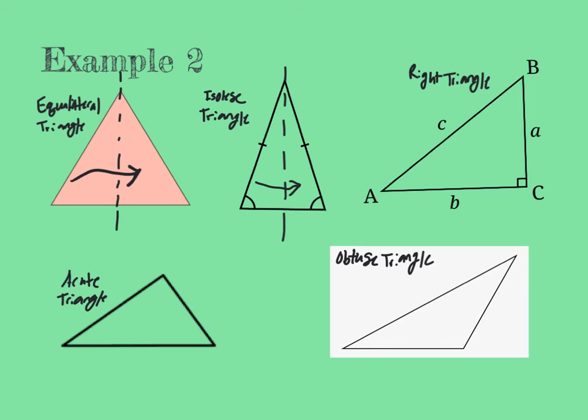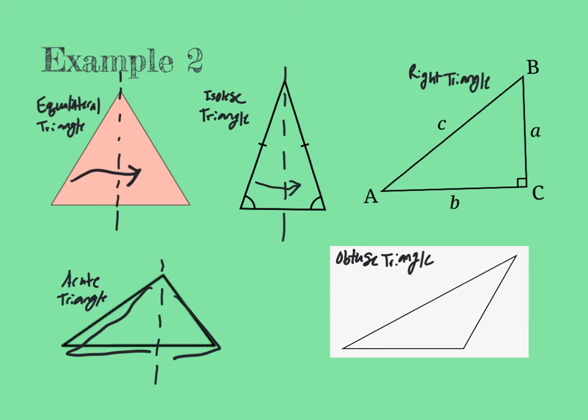Now the acute triangle is a little tricky because not all of the sides are the same. I believe it would be a little hard to make this symmetrical because not all sides are the same. You could try, but this side is bigger than this side, so it would not be symmetrical.